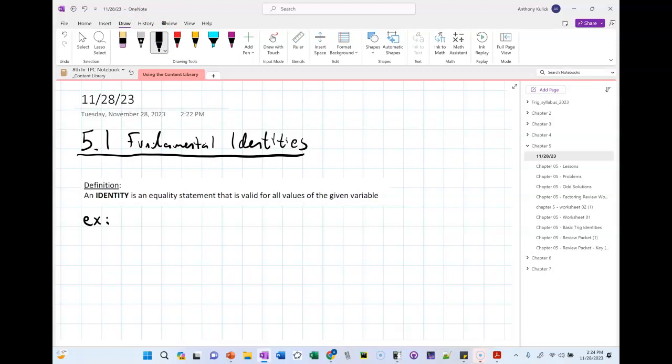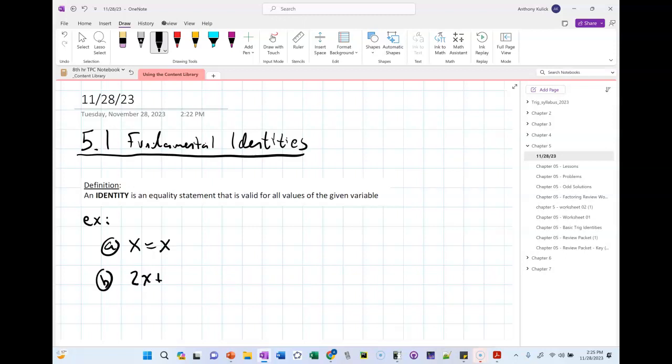Some examples of identities: you could have something simple like x equals x. That's an equality statement, has an equal sign in it, always true for all values of x. 2 is equal to 2, 7 is equal to 7, negative 4.6 is equal to negative 4.6. Everybody happy with that?